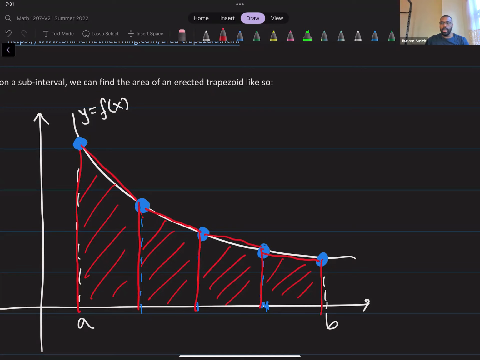Okay. And so now we want to figure out how we go about getting a formula for this one, because it's not as straightforward as height times width. It's half the sum of the two parallel sides times the distance between them.